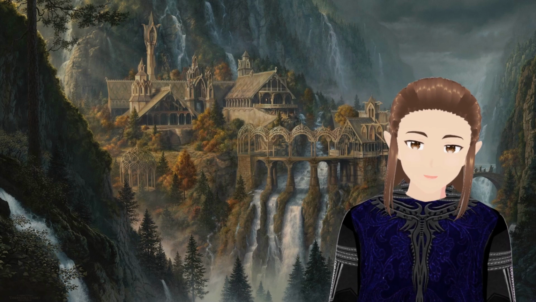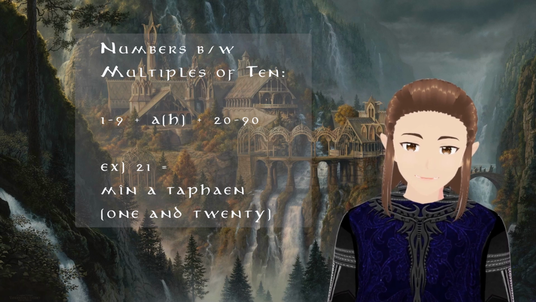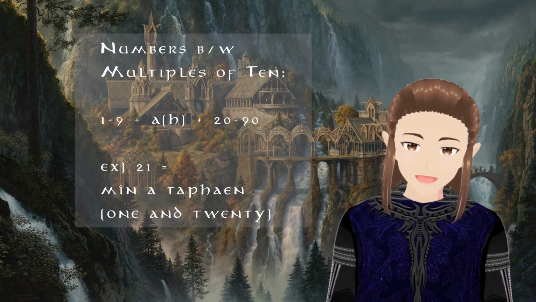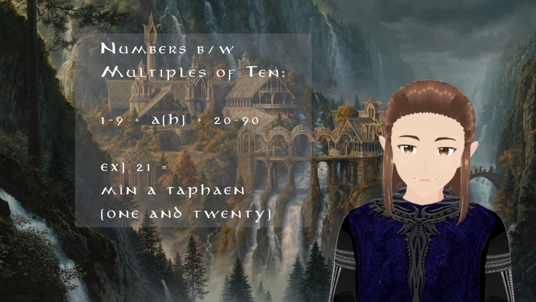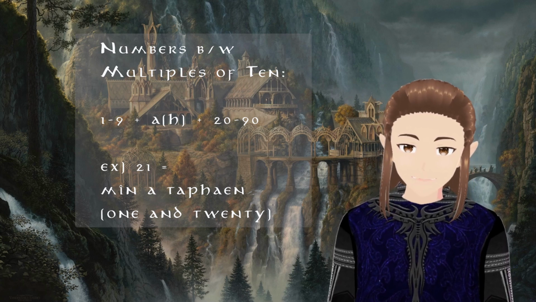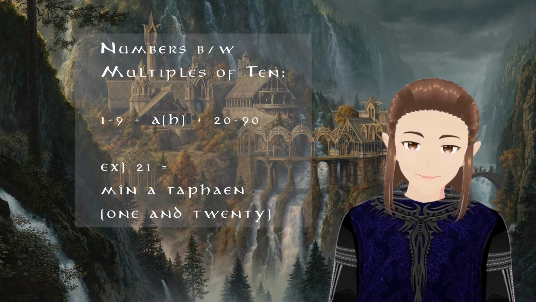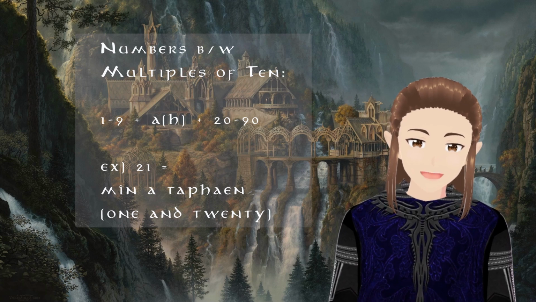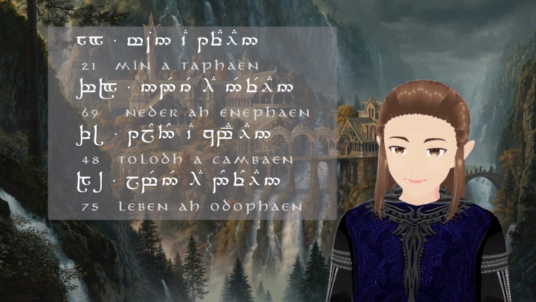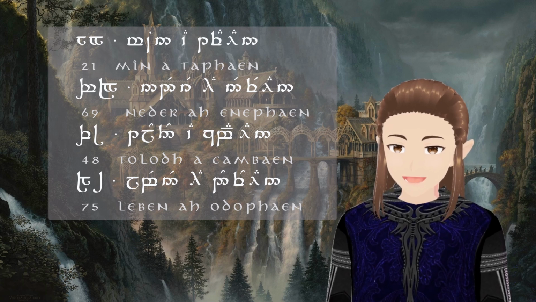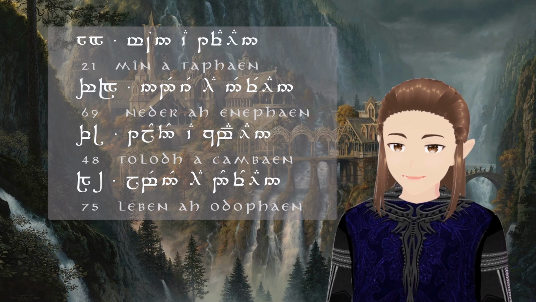In order to produce the numbers in between each multiple of 10, you simply combine the numbers 1 through 9 with a number for the multiple of 10 using the word "are", meaning "and". Numbers in Sindarin are almost always said from the smallest place value to largest, just as they are written using Tengwar numerals. Let's look at a few examples. Min atavain, Nedera henevain, Tolo the kambain, Lebena hodovain.